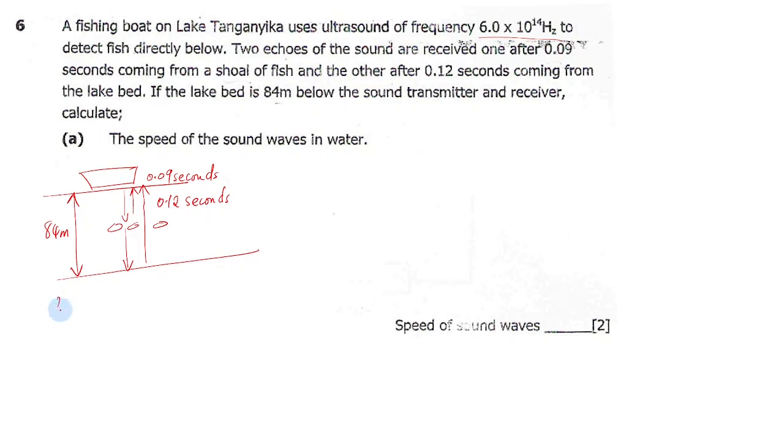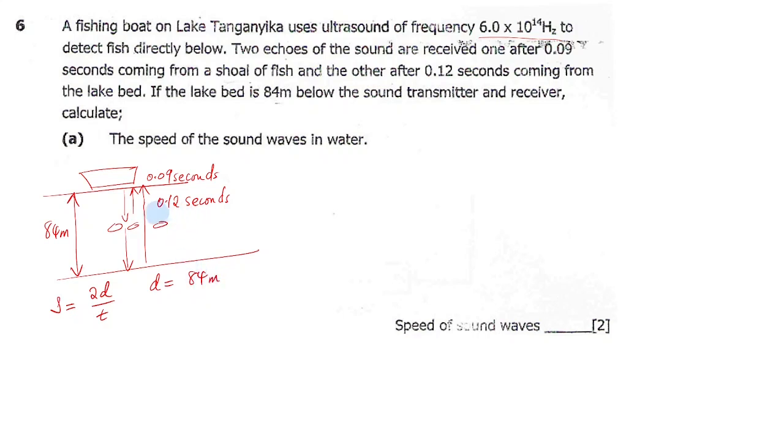So speed is equal to 2 times distance over time. Now, what are we going to use to find the speed? We have been provided this value and this. The one we are going to use to know the speed of sound in water is this formula and this distance, 84 meters.